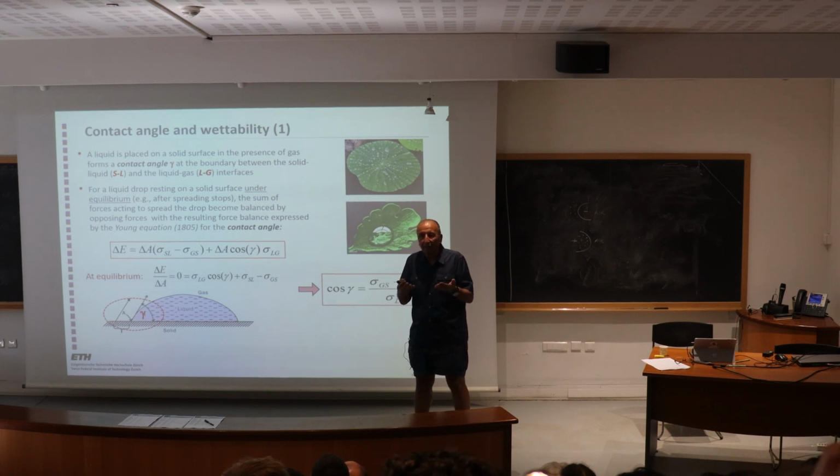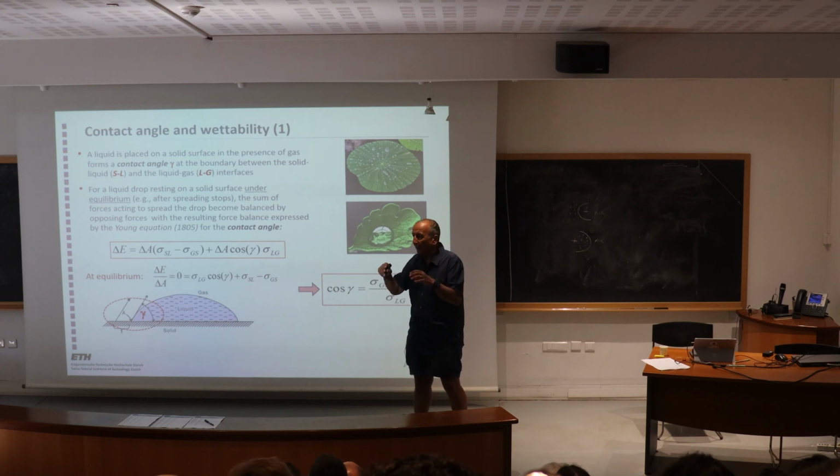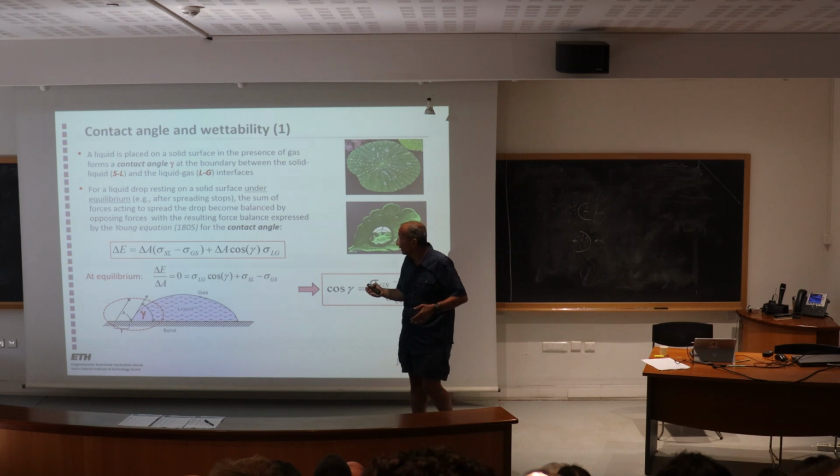At some point, the forces that pull the liquid to spread it are opposed by the tendency of the interfacial air-water interface, if we're talking about a water droplet. That interface does not want to be extended any further, and then there is a balance of forces.